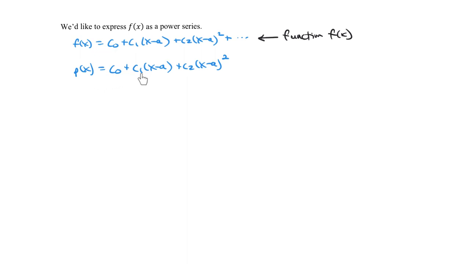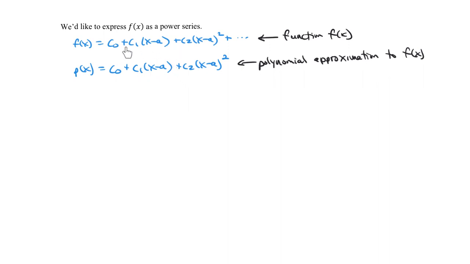This is going to be our second degree polynomial, and we're going to use this to approximate the actual curve. Okay, so this is going to be our polynomial approximation to f of x.